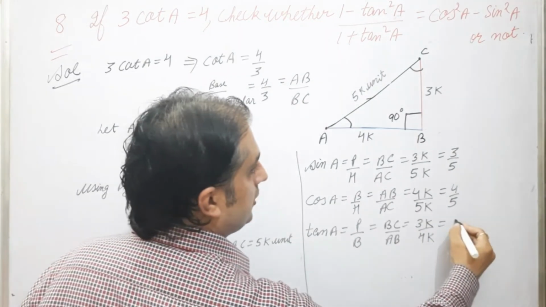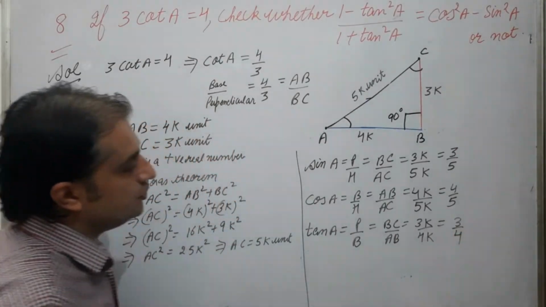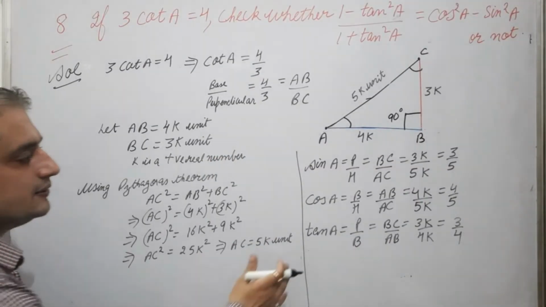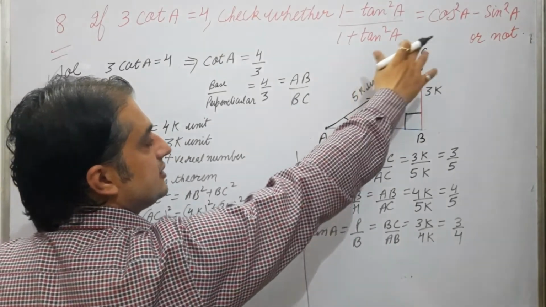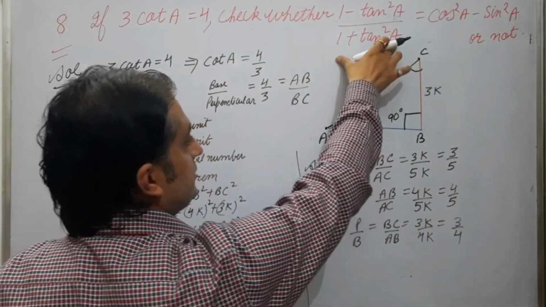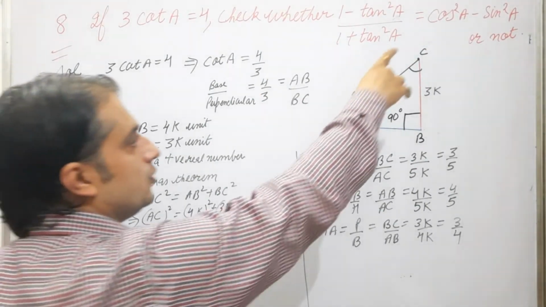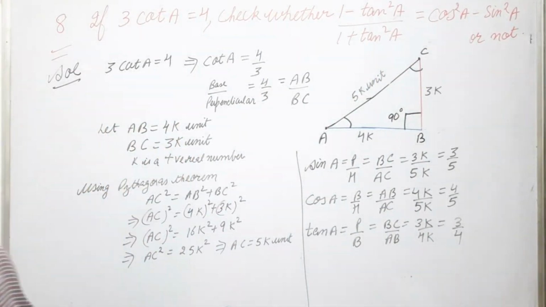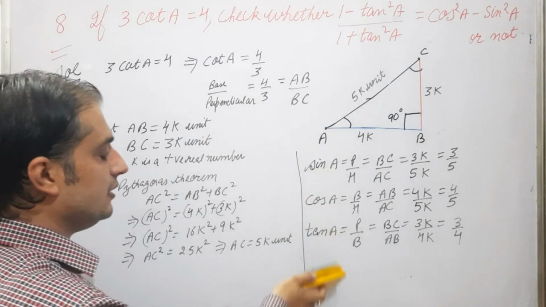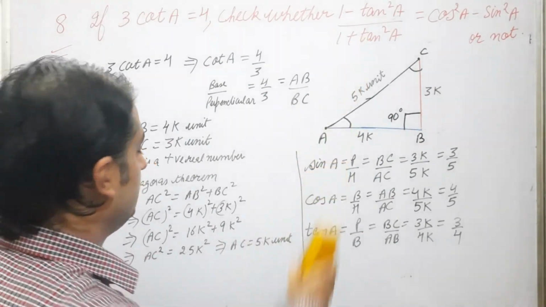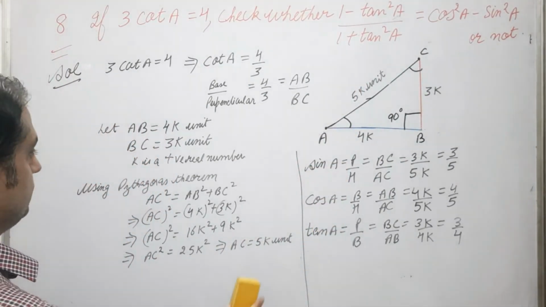So it will become 3 by 4. So these are the T ratios. We need these three T ratios to verify the expression, that is (1 minus tangent square A) by (1 plus tangent square A) is equal to cos square A minus sin square A or not. So we need the values of these T ratios for our expressions, right?